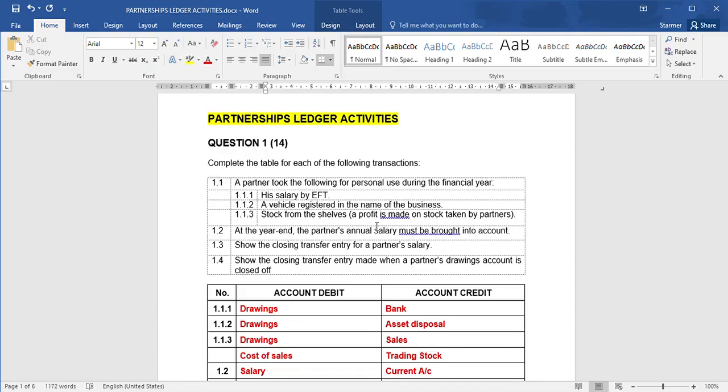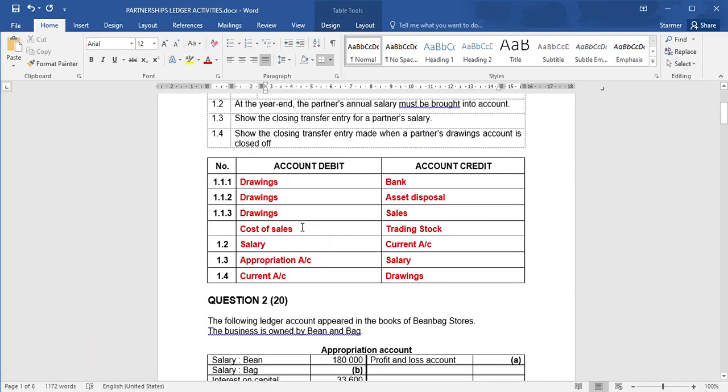So if this is the case, it's like you're making an actual sale. So you're going to increase the partner's drawings, and the contra account here is sales, which is income, and then trading stock needs to decrease, which means you're going to credit your trading stock account to decrease your asset, and the cost of sales is going to increase. Can you see now you've got a selling price minus a cost price, which means you are going to make profit.